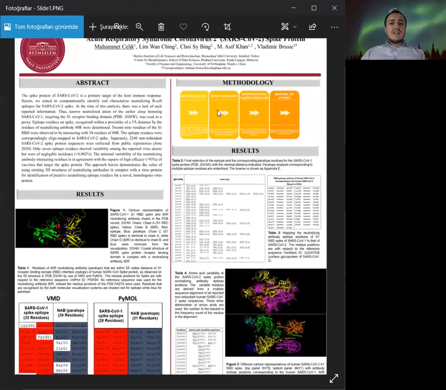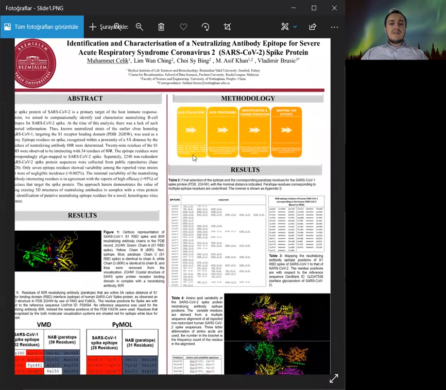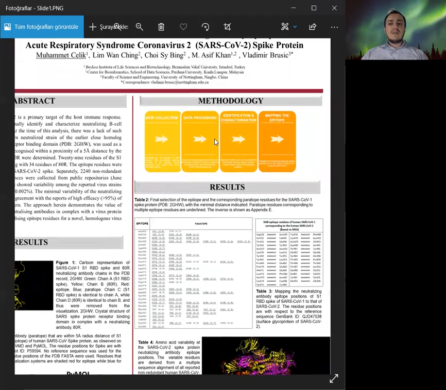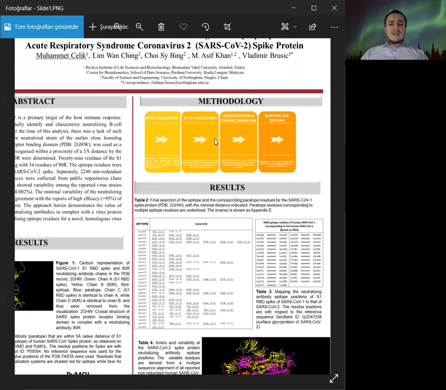The methodology workflow is shown in this figure. We first retrieved relevant 3D structures of SARS-CoV-1 complexed with a neutralizing antibody. We also downloaded spike protein sequences available in public databases. The retrieved 3D structure was processed to analyze missing residues and to assess the resolution quality of the structure. For the primary sequences, we removed the duplicates, aligned the resulting non-redundant sequences, and corrected for any misalignments.